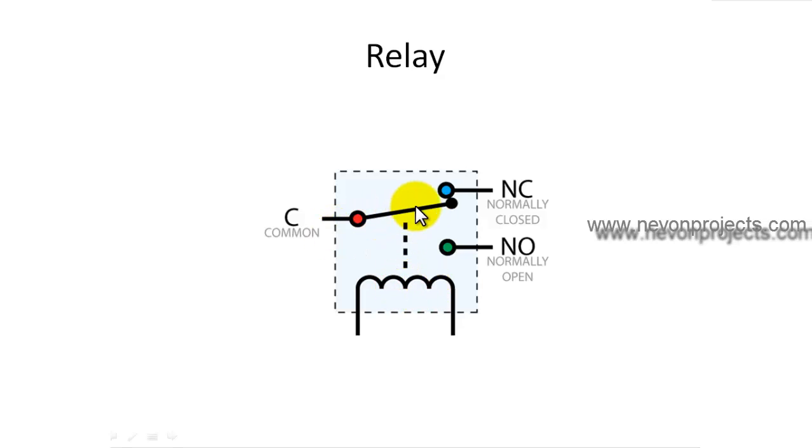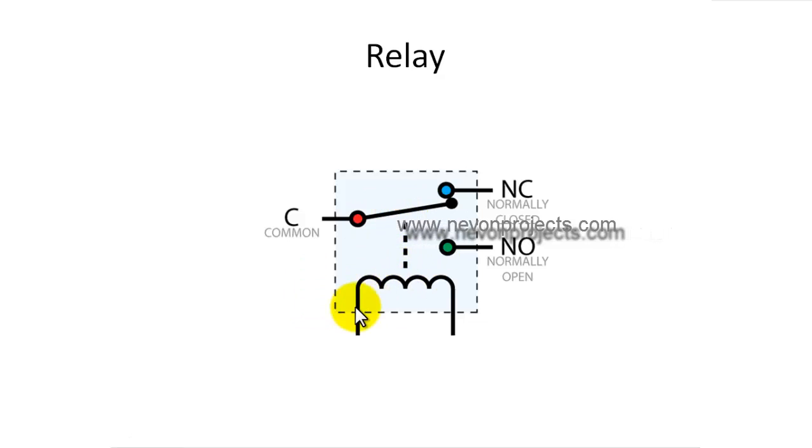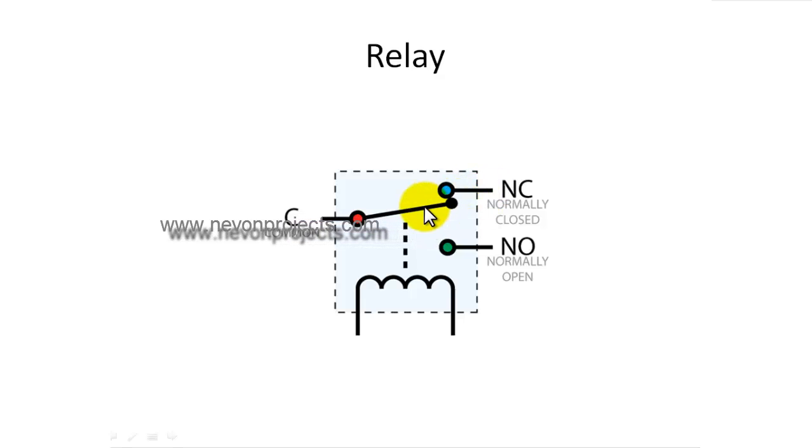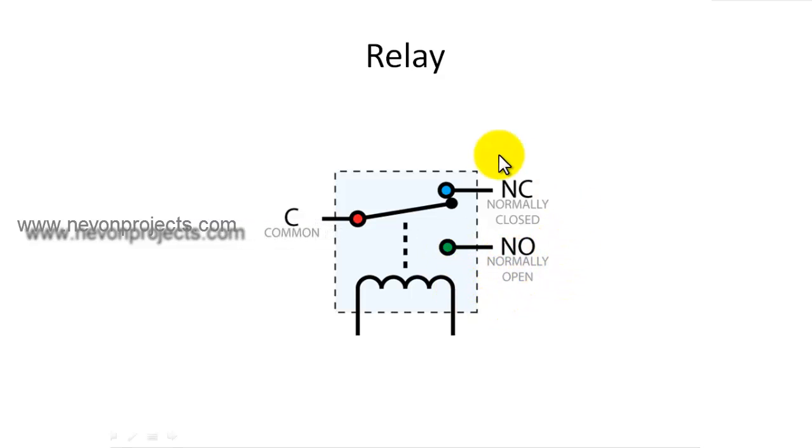The switching material is also magnetic material, and it gets attracted towards the other magnet. So when this coil is energized, this terminal now loses contact with this terminal and goes towards this terminal and gets attached to the normally open. So in this way, a common relay, a 5-terminal relay works.